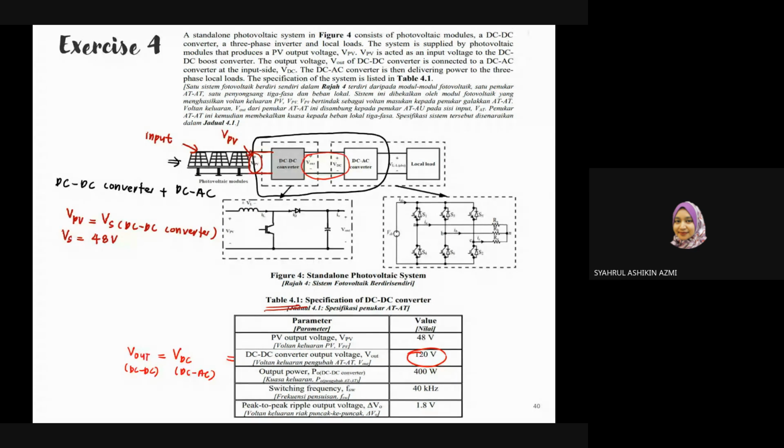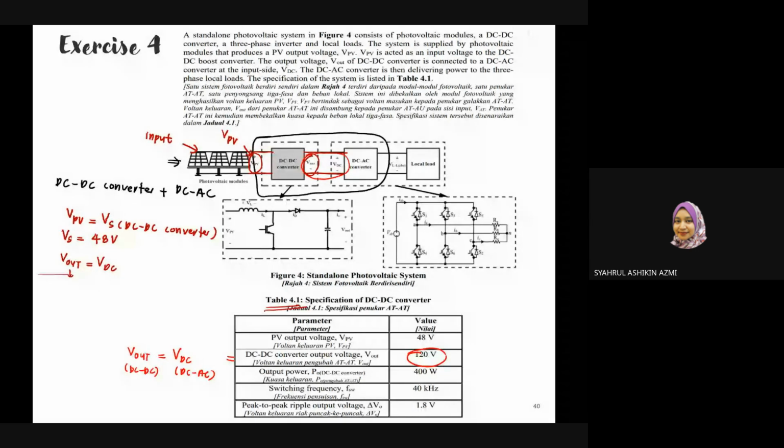Right. Next, the output of this DC to DC converter, you have V out over here. You can see here is a direct connection, V out and then the input of your inverter. So V out will be equals to VDC.